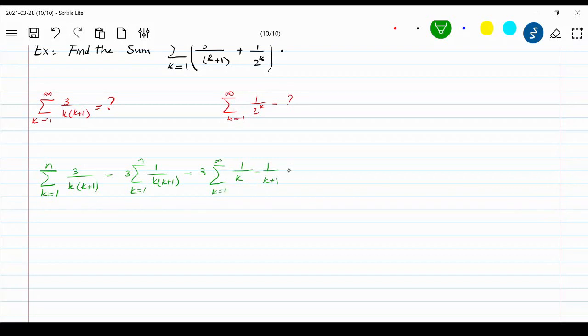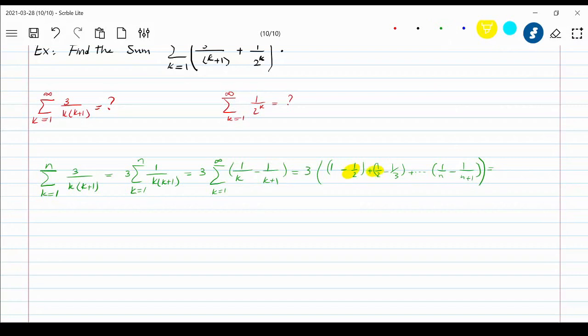And I said this is a telescopic series, which means you have 3 times 1 minus 1 half plus 1 half minus 1/3 and so on. And you have 1 over n minus 1 over n plus 1. And in this summation, everything would have cancelled here.